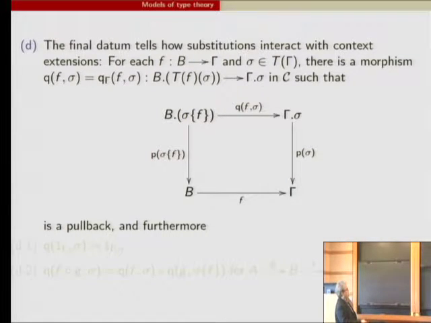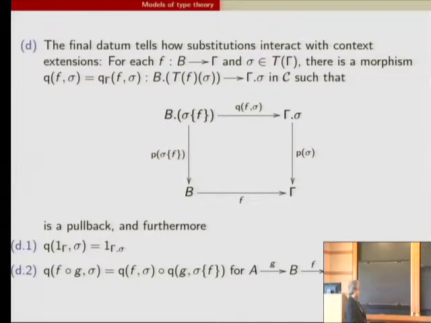Then there is a canonical pullback square of this form, where this becomes the projection, where we have to carry out the substitution, and this will be the last variable, so to say. So this is a pullback, and it should satisfy a number of functoriality properties. If you put two such substitutions side by side, you have again a pullback, but you want to know that that pullback square actually comes from the canonical ones, Q and P, and that's what this says.